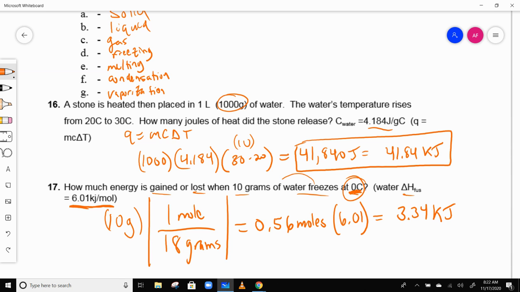And this is water freezing, so it has to release it, so it's negative. So it's released: negative 3.34 kilojoules released.